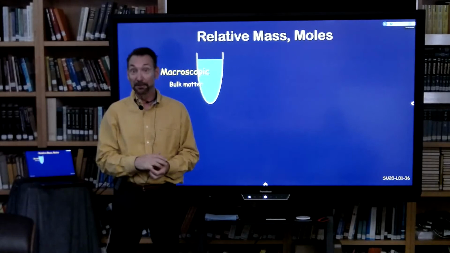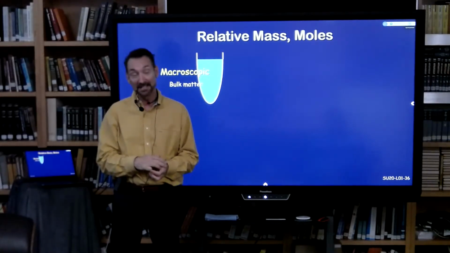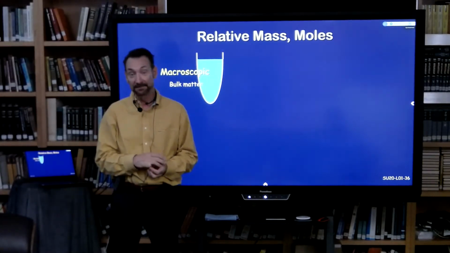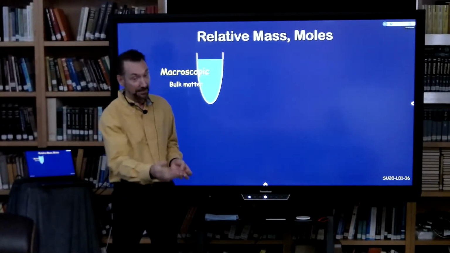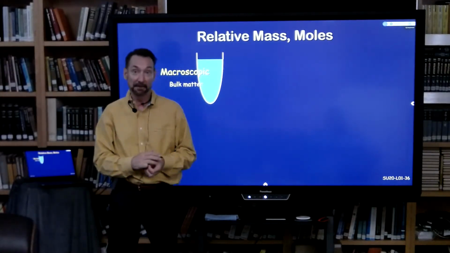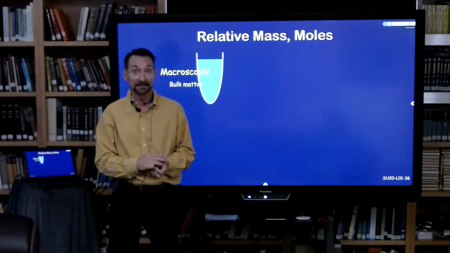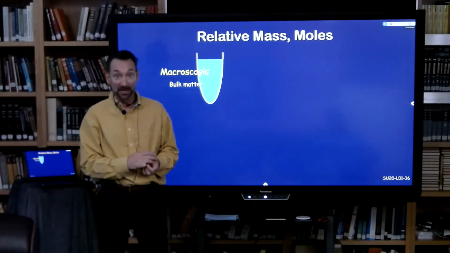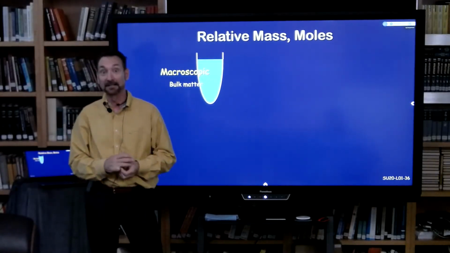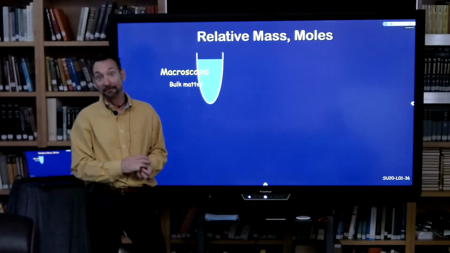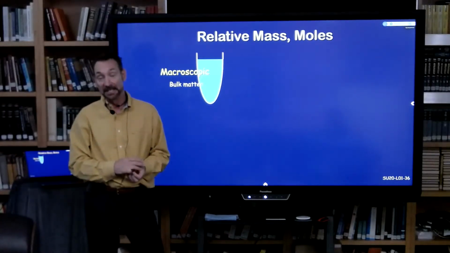And that's what we do in chemistry, because the mass of one particle is vanishingly small, and we can't weigh it out on our scale in the laboratory. It's too small a mass. So rather than that, we say, give me carbon in boxes, and put the same number of atoms in each box.